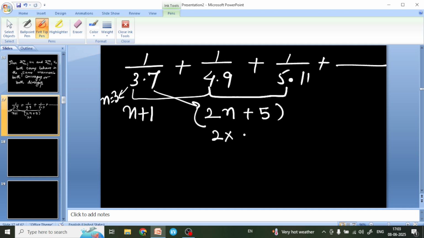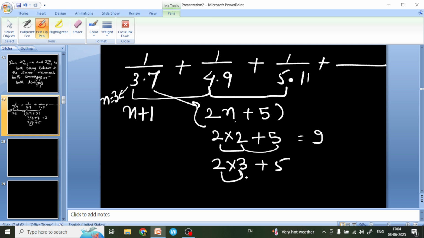If we take 2 into 2 plus 5, 2 2s are 4, 4 plus 5 is 9, and the next number 11: 2 into 3 plus 5, 2 3s are 6, 6 plus 5, that is 11.